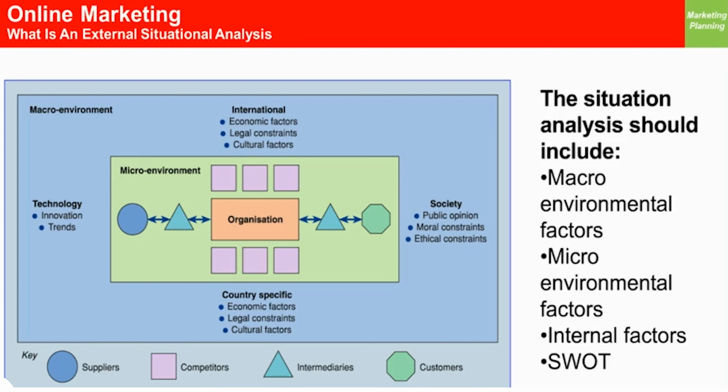On the social, this may be changes in consumer attitudes, ethical constraints, changes in the moral environment, so public opinion. So these are all things to consider as part of the society, social element.